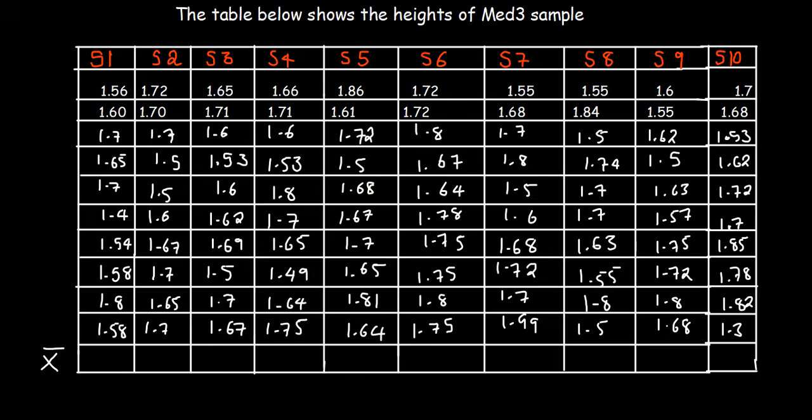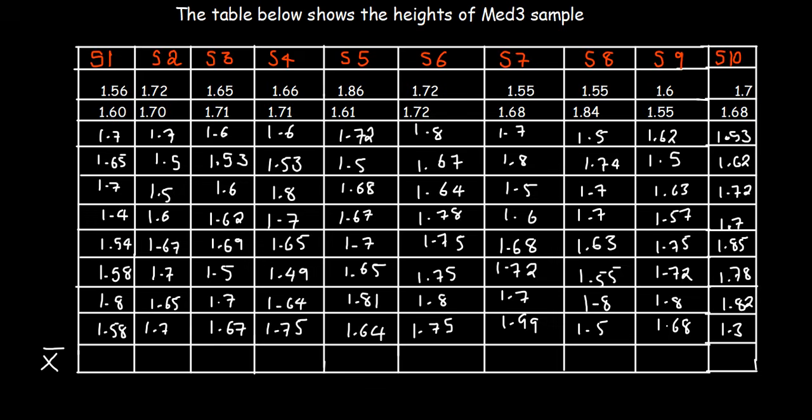So how do you do that? The mean is given by adding all the terms in your sample, from the first term to the last term, and then you divide by how many numbers you have. So that is what we want to do here.